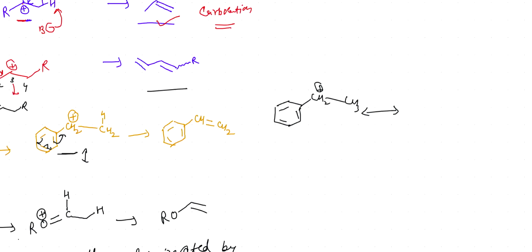First of all, this pi bond will shift here. I would also like to mark these carbons 1, 2, 3, 4, 5, 6. So the pi bond between carbon number 1 and carbon number 2 is shifted towards this carbocation, thus forming the double bond between these two carbons. Here there is no CH2, CH is there only.